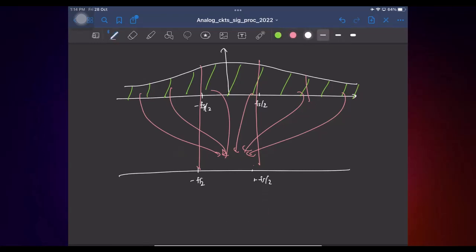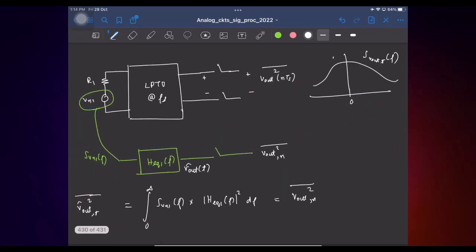The resistor is generating noise where each point is independent, true, but the resistor noise is processed by a filter. The moment you pass the noise through a filter, the filter adds some memory. If you had all independent samples, the power spectral density would be white. But now you don't have a white power spectral density.